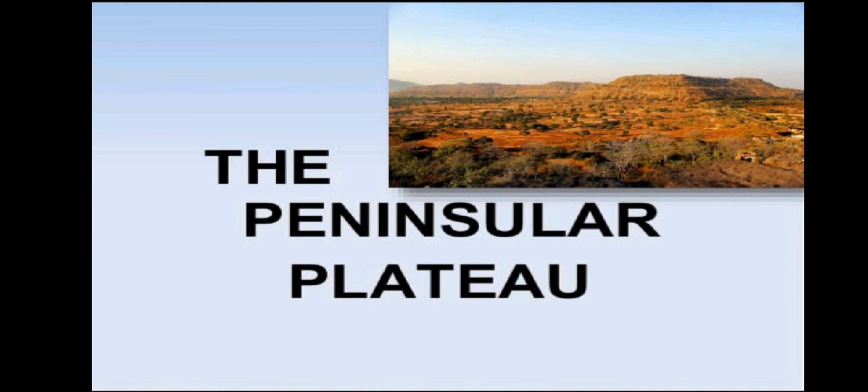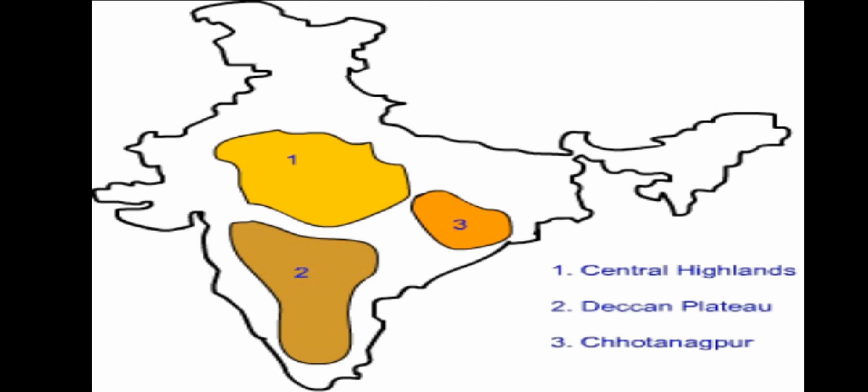Before discussing the Peninsular Plateau, let us see the three parts of the plateau here. Number one, you can see here is Central Highlands. Number two, Deccan Plateau. And number three, Chota Nagpur Plateau.